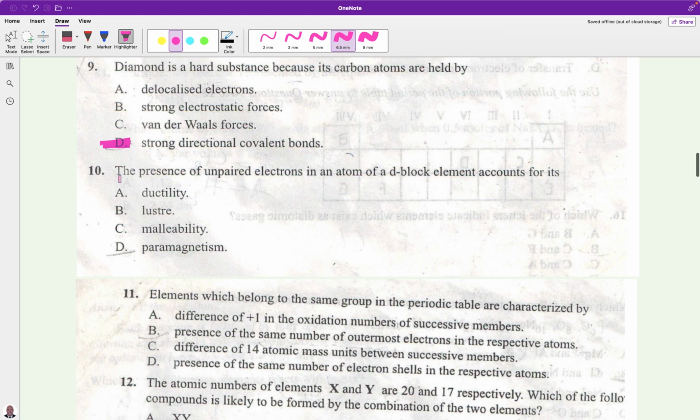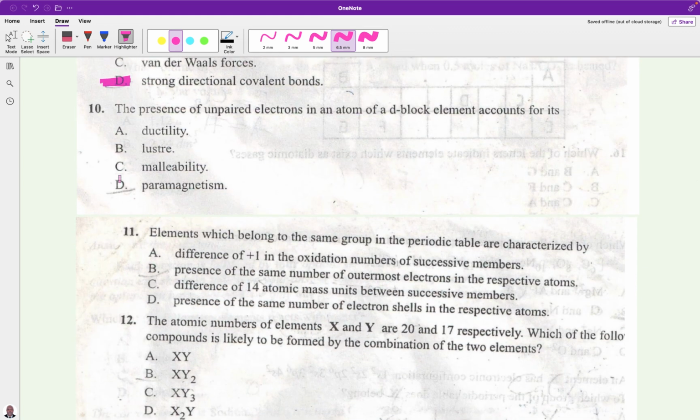Question number 10. The presence of unpaired electrons in an atom of a d block element accounts for its: ductility? No. Luster?